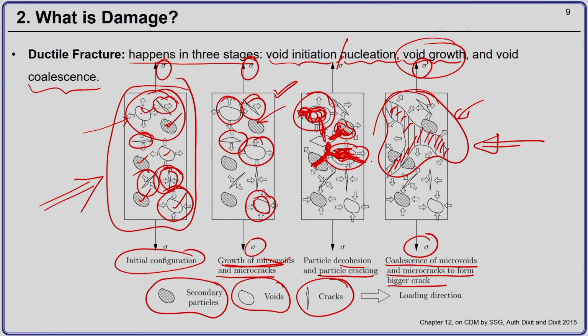So, this might be one crack in one part of the body, which may collide with another macro crack in another part of the body to form a much bigger crack, and these much bigger cracks may reveal themselves to the visual eye of the person. So, it might actually be visible on the body itself, which can be detected using either visual inspection or some techniques like ultrasonic testing.